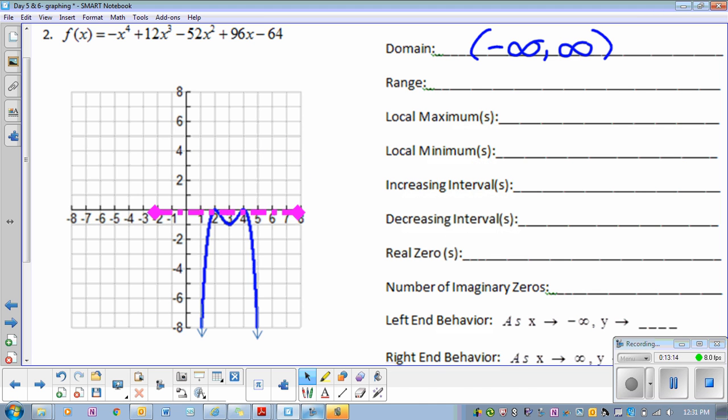So from negative infinity to 0 with a bracket, because there's an actual, closed point there. So now let's talk about local maximum and local minimum. Do you see a maximum here or maximums?